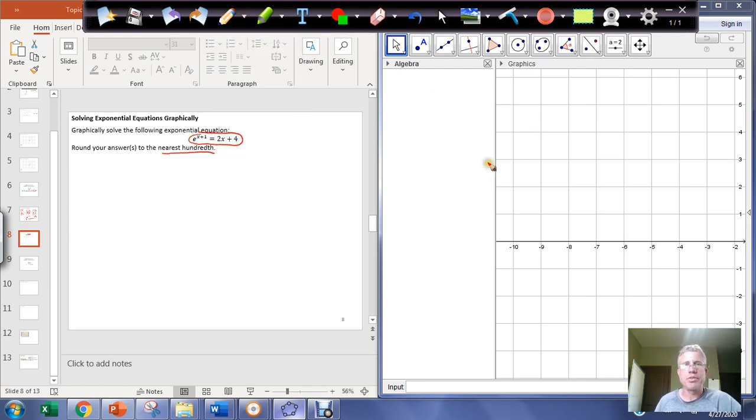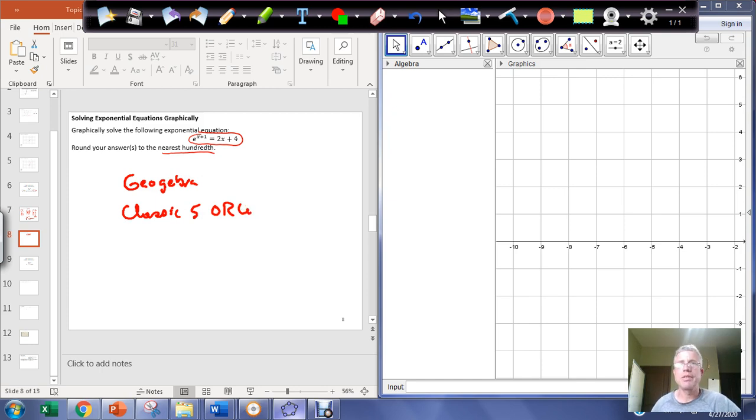So GeoGebra is a great tool because you can download it, and it is free. GeoGebra Classic 5 installs to your computer. I like it better than the other versions that are browser based. I think you should do GeoGebra Classic 5, but 6 is okay as well.